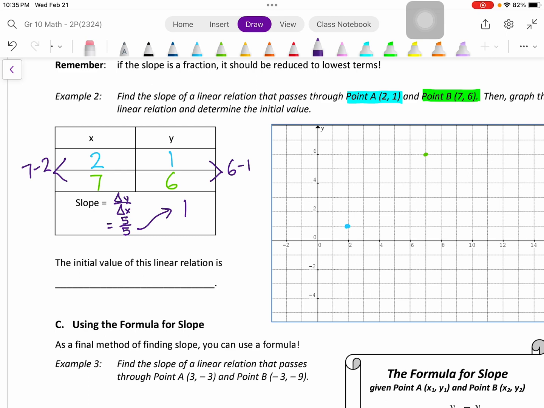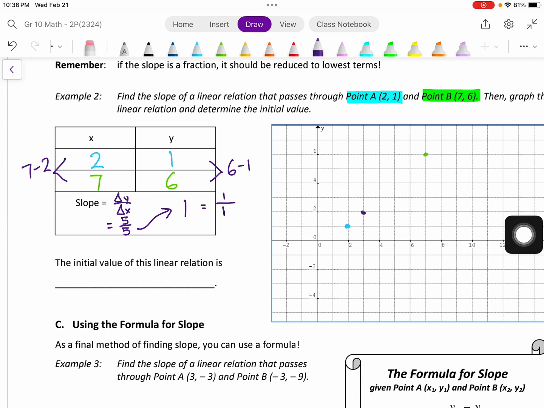Now, if I want to add more points from either of these points, I want a slope which has a rise and a run. Now this is a whole number, so that's a rise. What would my run be? So 1 divided by something equals 1. Remember, it's when our run is 1 that we can have a whole number as our slope. So I'm going to use that to find my next point.